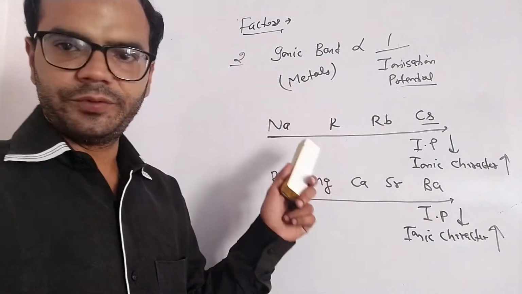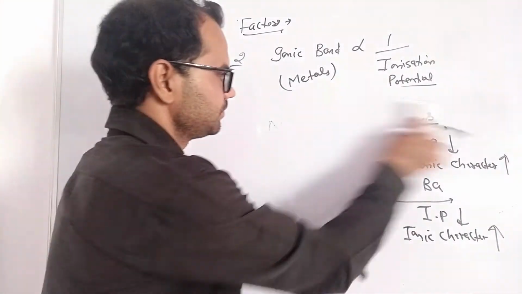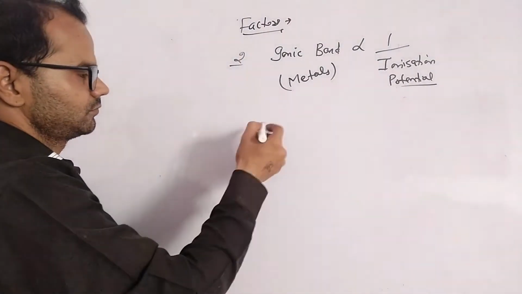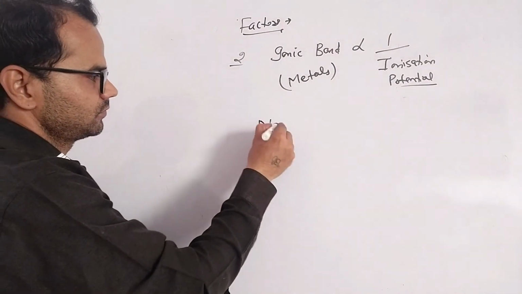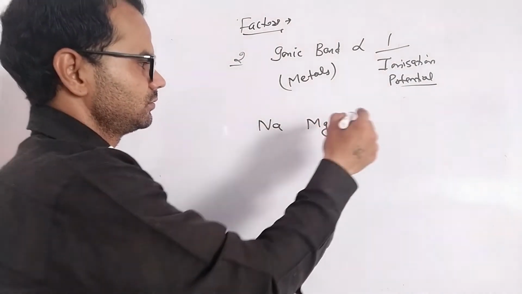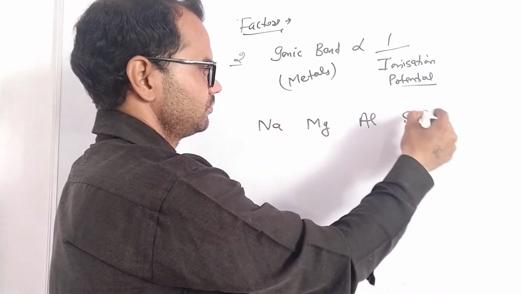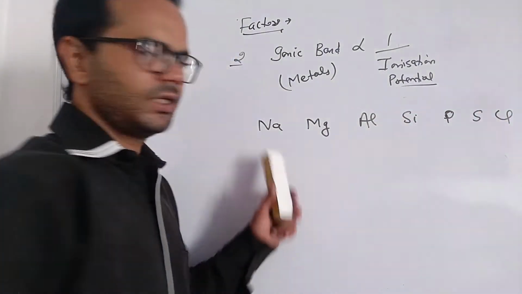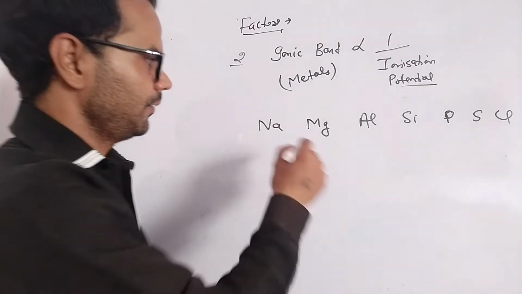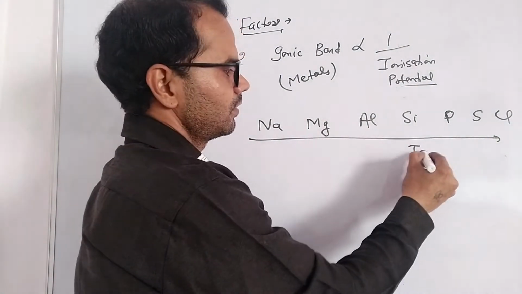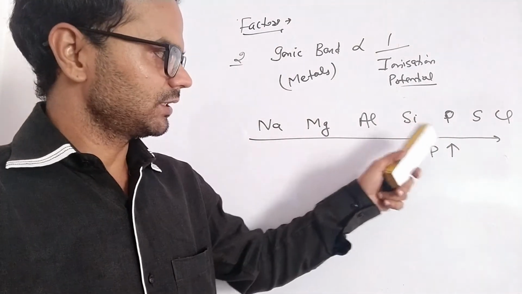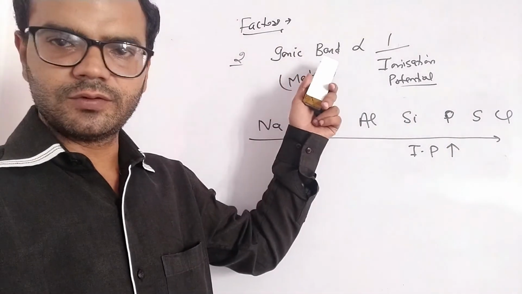We can take members of a period also. These are the members of a period, and in a period, ionization potential increases. Ionization potential increases means strength of ionic bond will decrease.